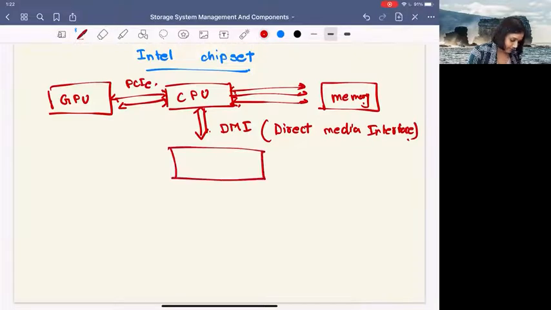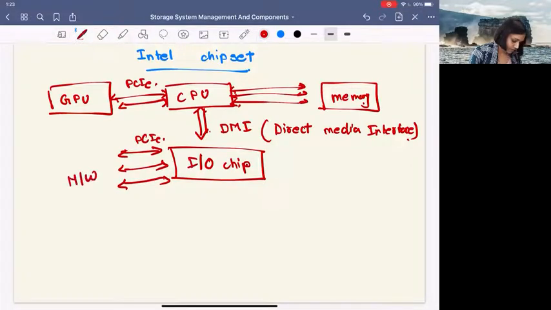Over this DMI, the CPU connects to the I/O chip, and this I/O chip then handles connections to other PCIe non-processing devices, such as network, Optane devices, or any other SSDs.